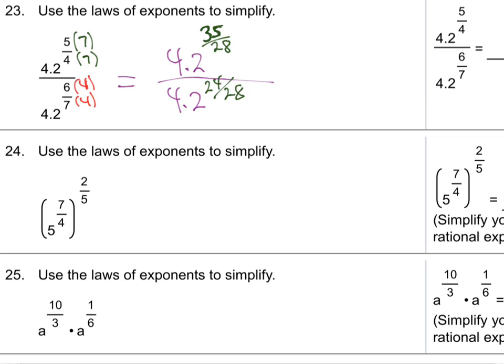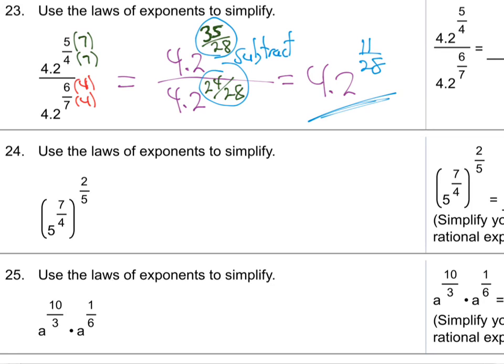Subtract them. And you keep the base, don't you? So just keep one same base, and then just subtract the powers. 35, 28 minus 24. Subtract, what is that, 11? 11 over 28.